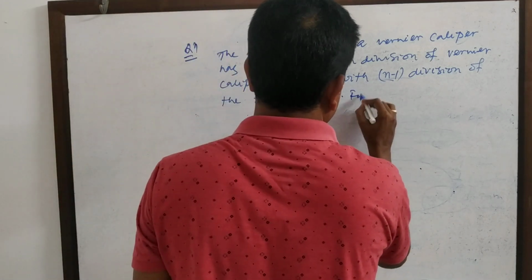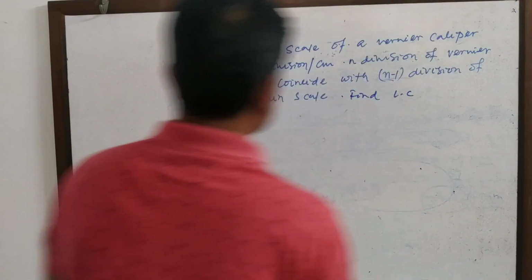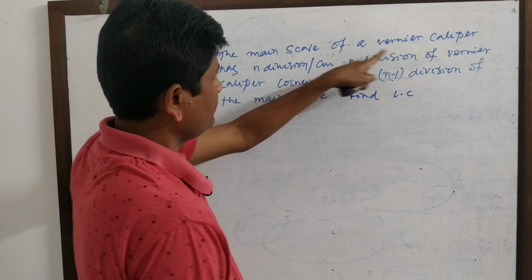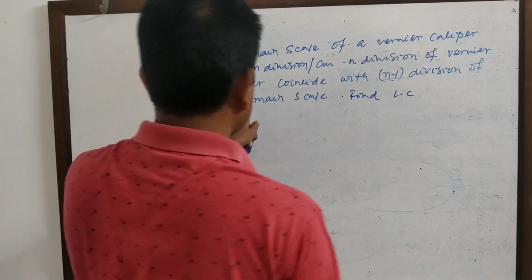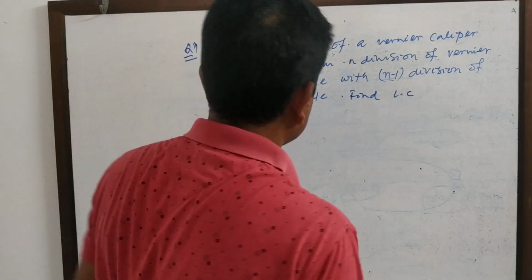Find LC, the least count. Okay, this question is clear. The main scale of a vernier scale has n divisions per cm. N divisions of the vernier caliper coincide with n-1 divisions of the main scale.